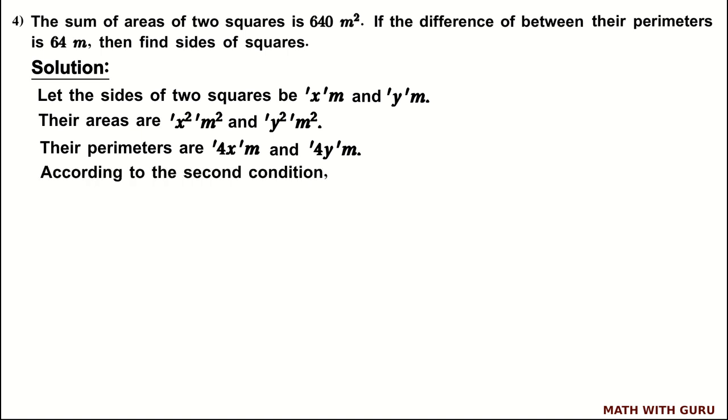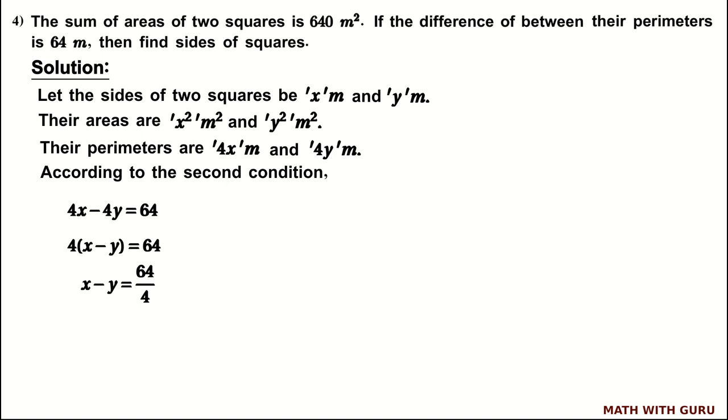According to the second condition, their perimeters give 4x minus 4y equals 64. 4 is a common factor, so 4 into (x minus y) equals 64. X minus y equals 64 divided by 4.